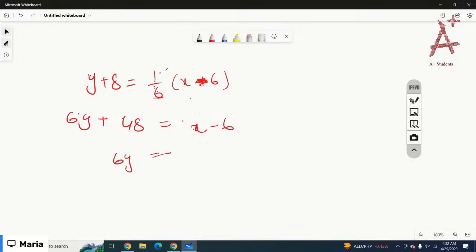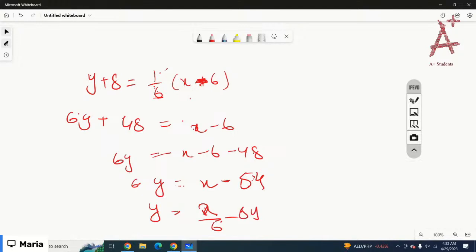It would be 6y equals x minus 6 minus 48. 6y equals x minus 54, because they both are subtracting, that means you have to add. So you have to divide the equation by 6. It would be x over 6 minus 54 over 6, that would be 9. So the equation is y equals x over 6 minus 9.